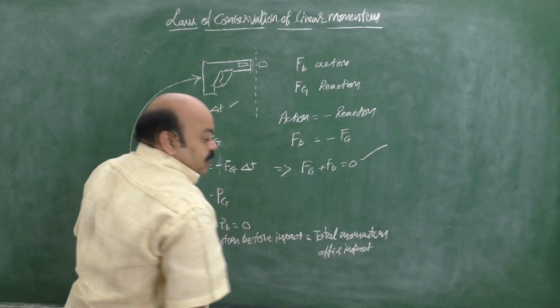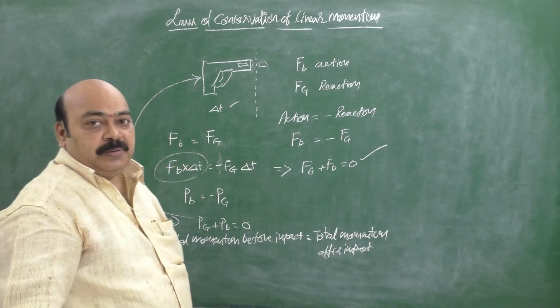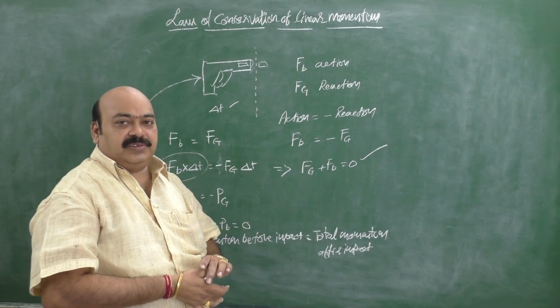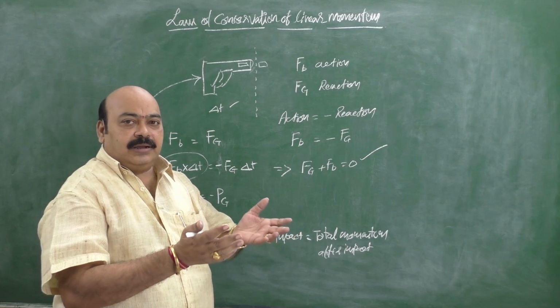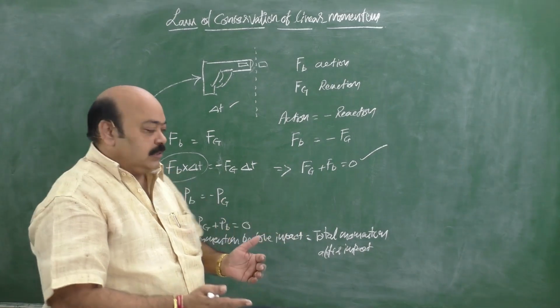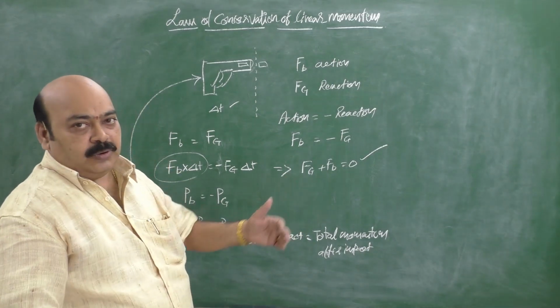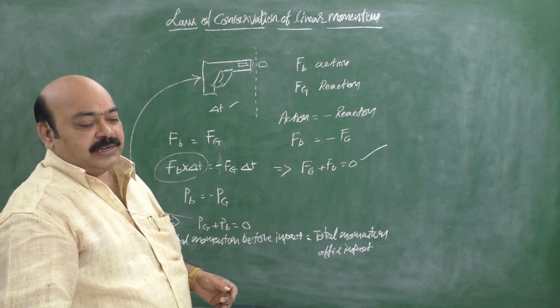Hence, the law of conservation of momentum is verified in this case. What is the statement? The total momentum is conserved. The total momentum before impact is equal to total momentum after impact.